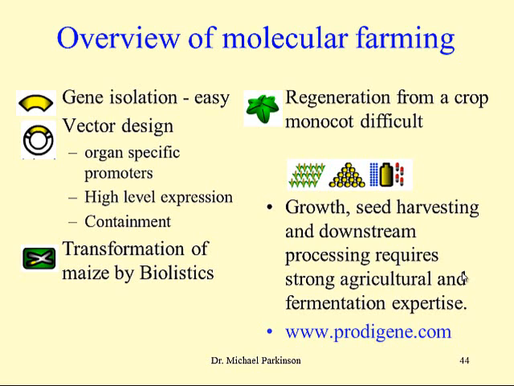And one advantage of Prodigene is that they've optimized the growth, seed harvesting and downstream processing, and they are actually an agricultural company, and this requires strong agricultural and fermentation expertise which they have, so it's a selling point for Prodigene. But they are far from being the only company who's doing this.